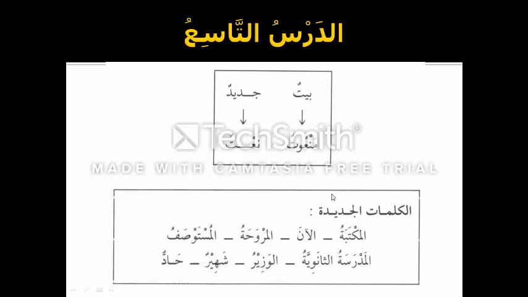If it's a thing or it's not human, we will say which. And if it's human, it's going to be who. And this is for singular. Remember, we see this all the time. Alladhi is the one. Alladhina is the plural form. Got it? Alladhina, as in ya ayyuhalladhina amanu qu anfusakum wa ahlikum nara.